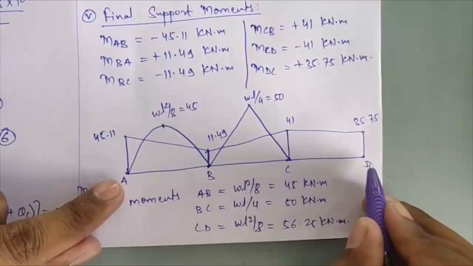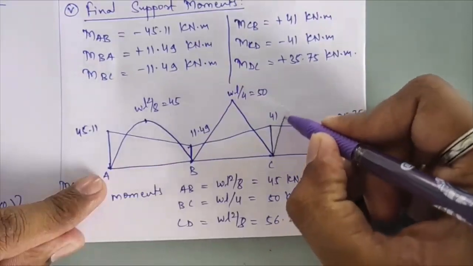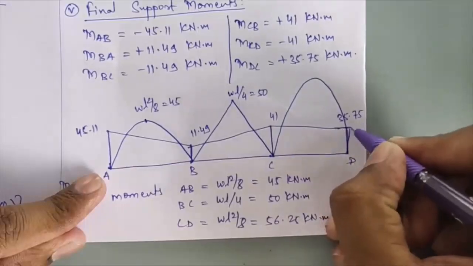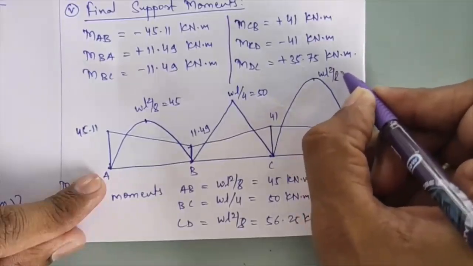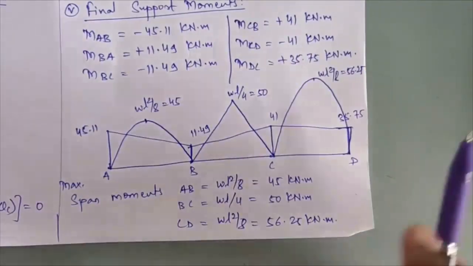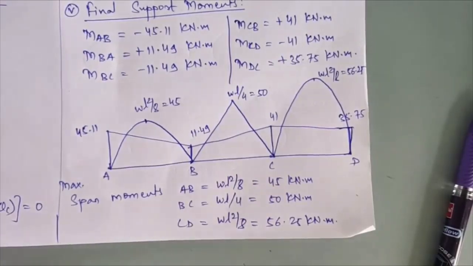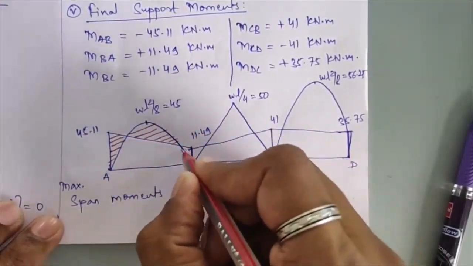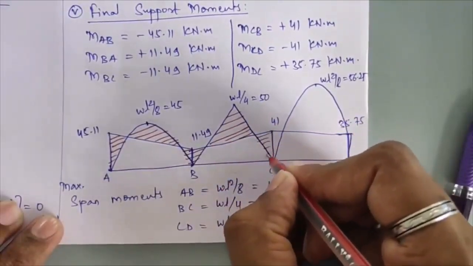And last in span CD, again there is UDL, so it will follow parabolic path of 56.25, WL square by 8, it equal to 56.25 over there. Okay, and what you have to do, you have to just superimpose, you have to just shade the superimposed part over here.